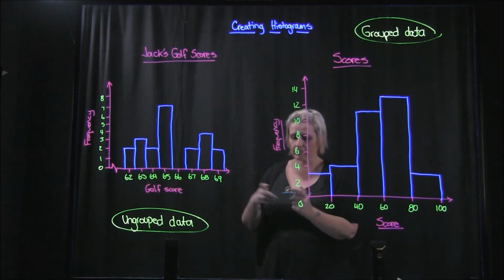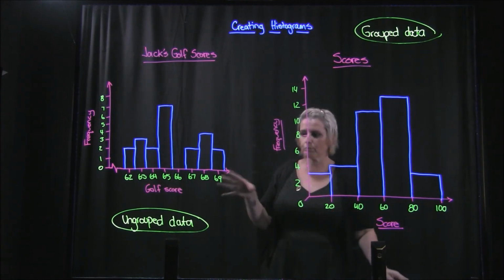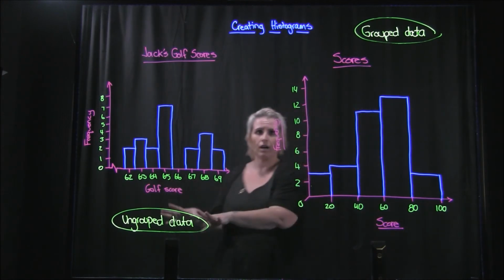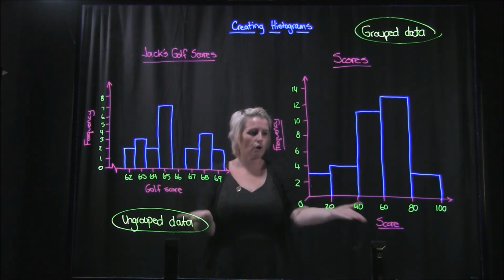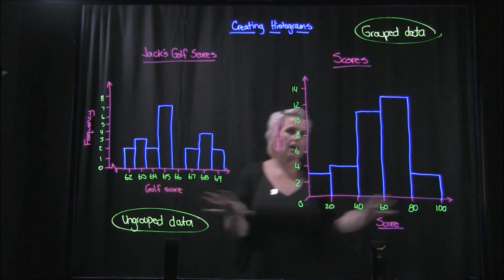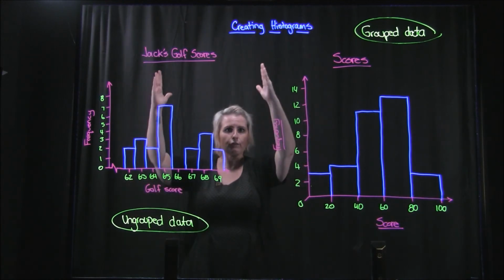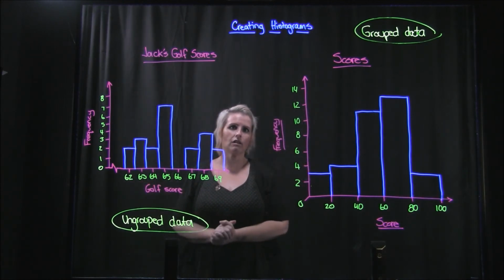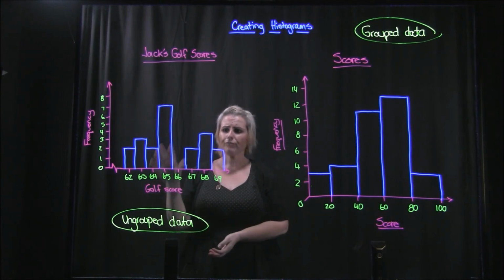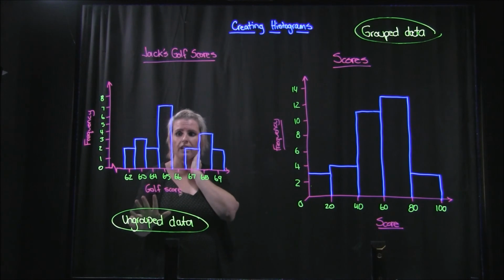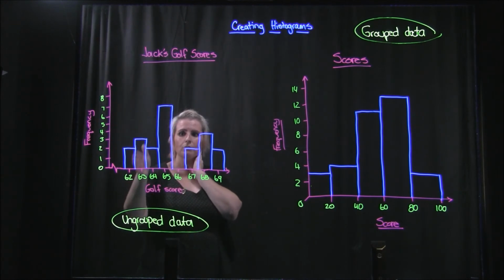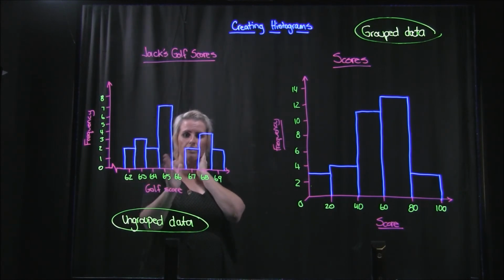Just like the last one, whether it's grouped data or ungrouped data, we need a title for the graph. We need titles on both of our axes. We put our data points along the x-axis and frequency goes along the y-axis. Make sure that your data point is really clear, and when it is ungrouped data, the column sits with the data point directly underneath the middle of the column.